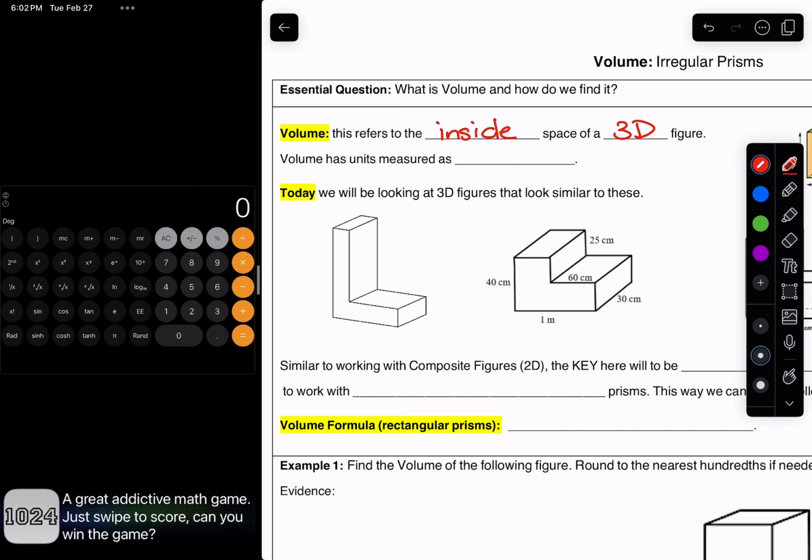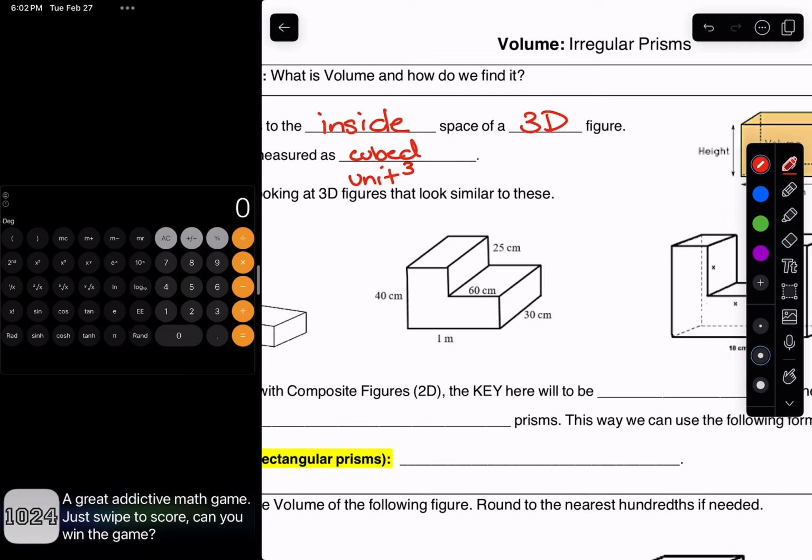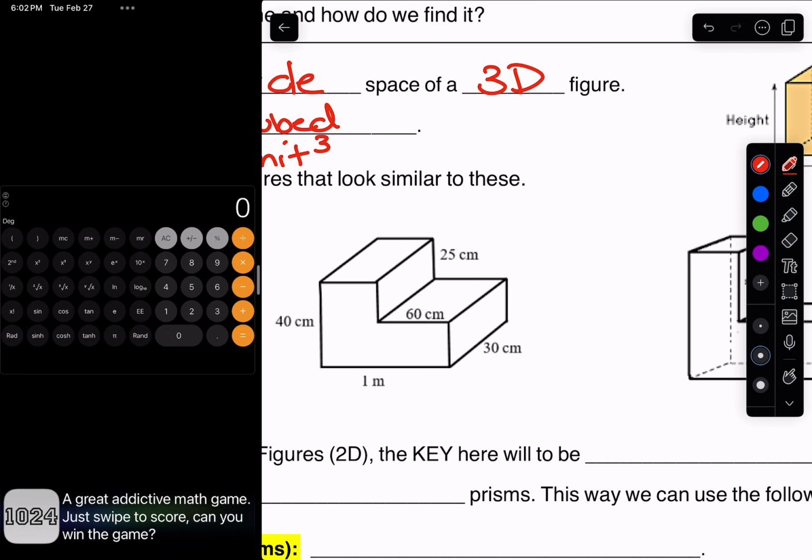Volume has units measured in cubed. So it would be units, whatever your unit is, cubed. Some examples of this: for example, we have centimeters down here.